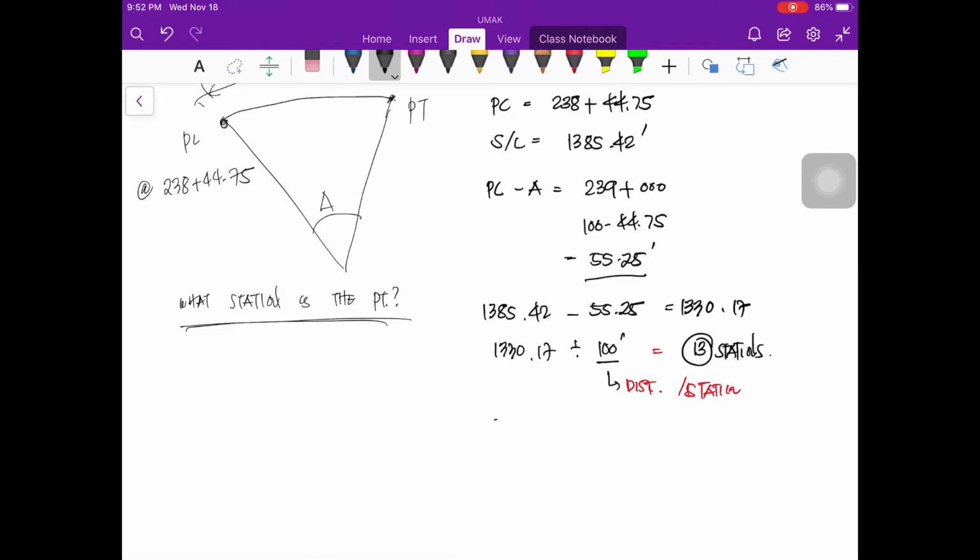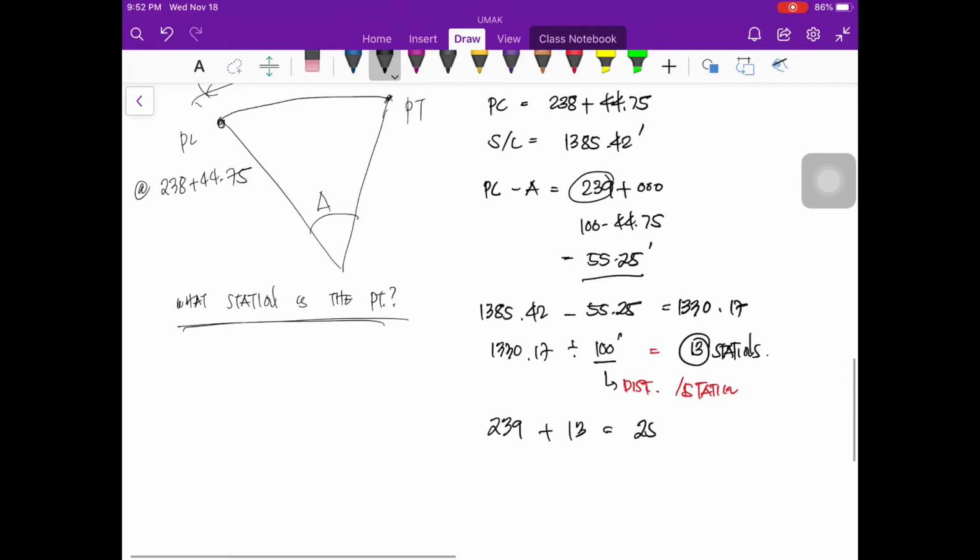So meaning to say, 239, add 13 stations, that will be 252. So 252 plus 00, then you have the remaining.